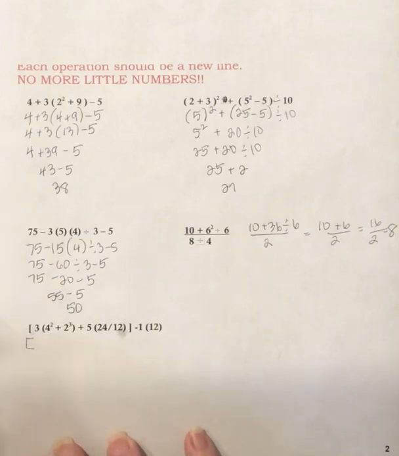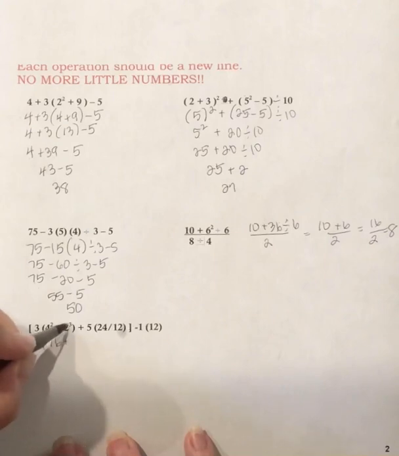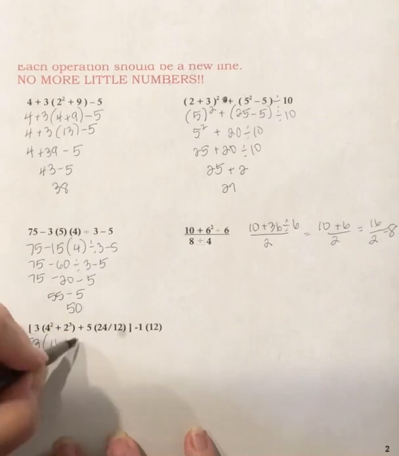So what I'm going to do is deal with the parentheses within the parentheses first. So I'm recopying this 3. Right now I have 4 squared plus 2 to the third. 4 squared is 16. 2 to the third is 8 because 2 times 2 is 4 and 4 times 2 is 8.